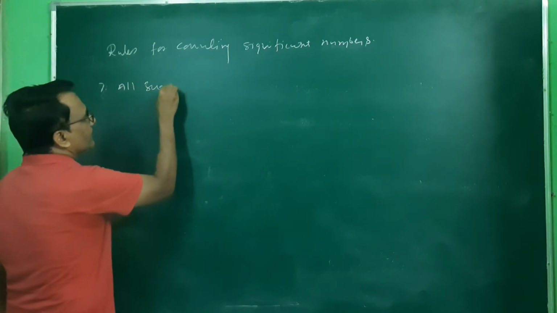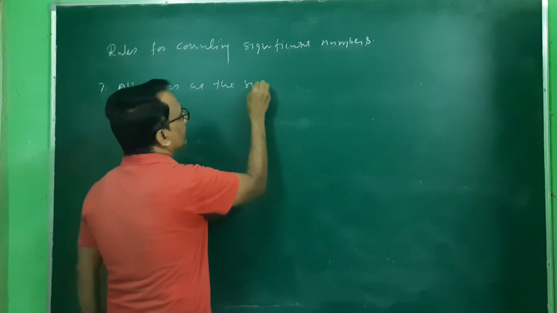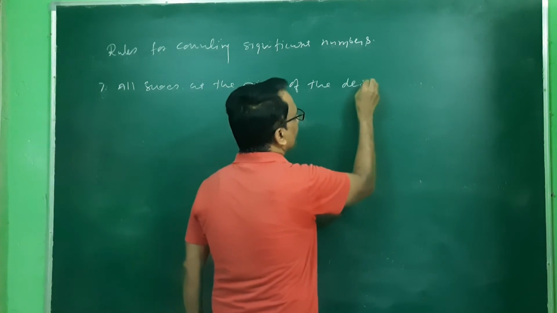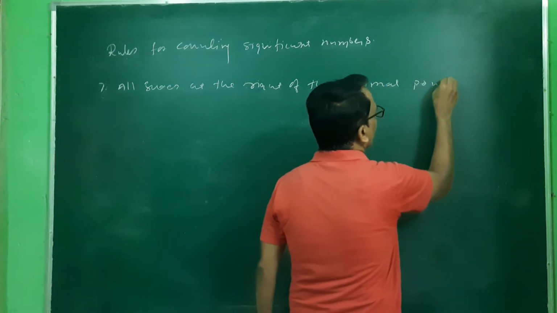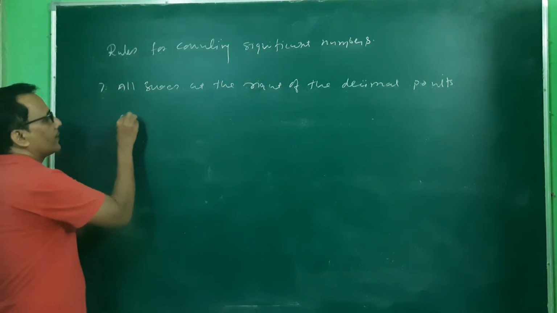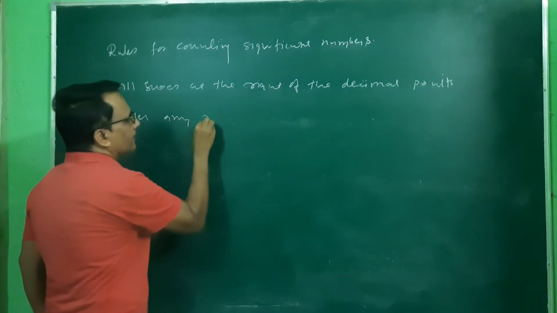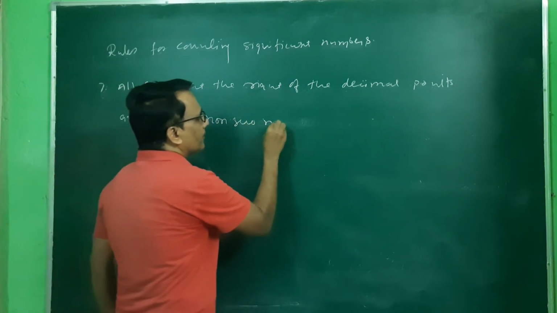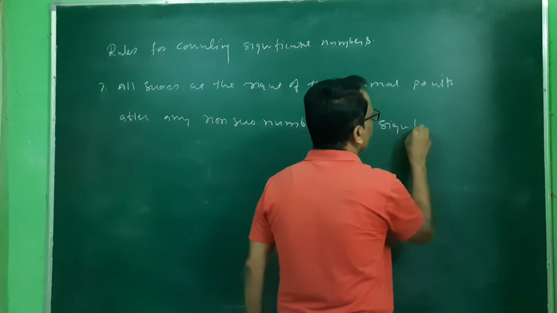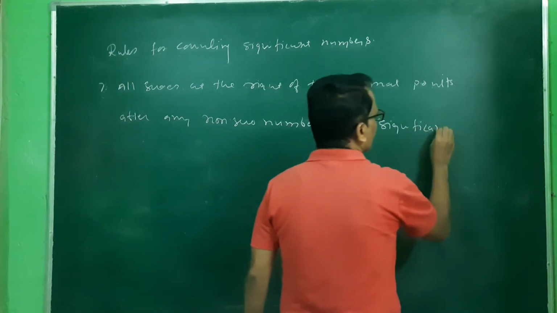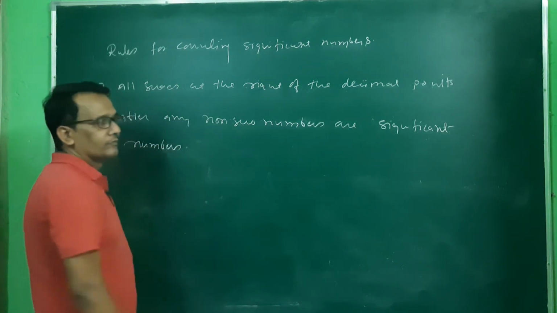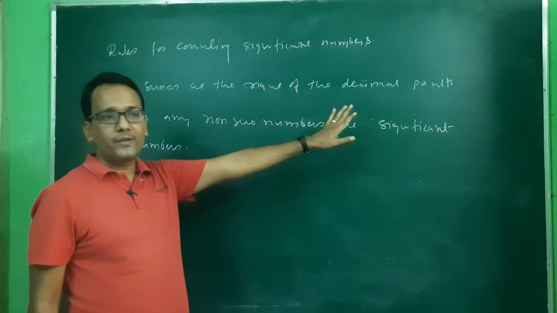All zeros at the right of the decimal point after any non-zero numbers are significant numbers. So all zeros at the right of the decimal point.